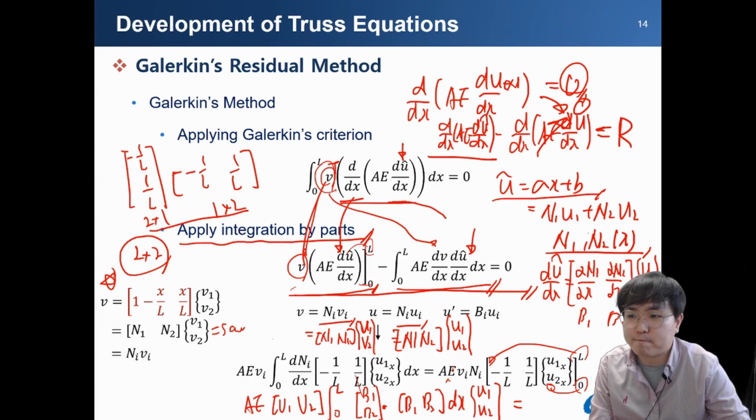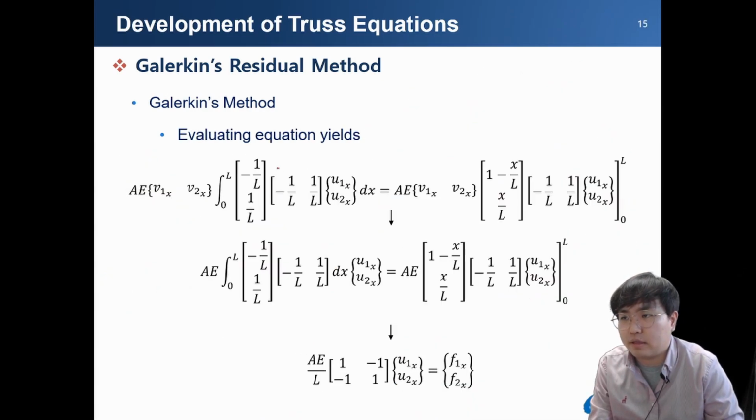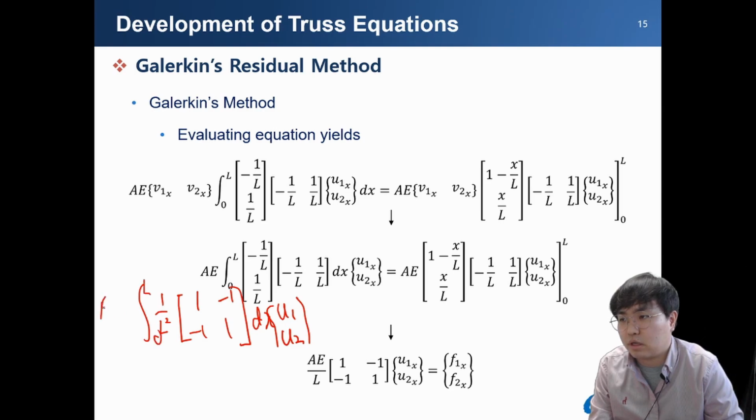Now let's do the matrix multiplication. We can collect 1 over L squared, and then the multiplication with different signs: -1 and -1 and 1, looks like this, with dx and u1, u2, and the integration with AE and v1 and v2.